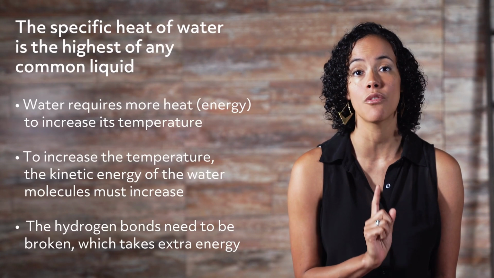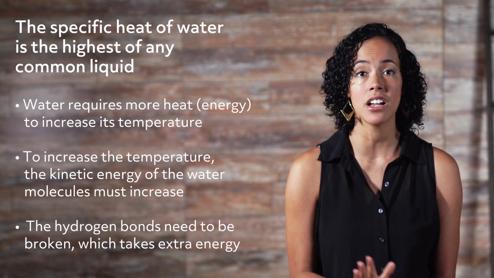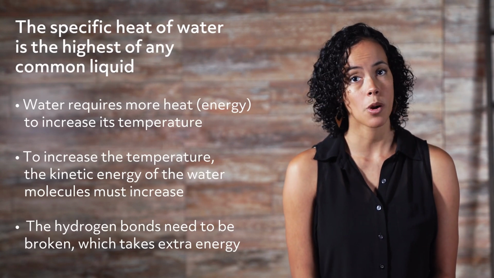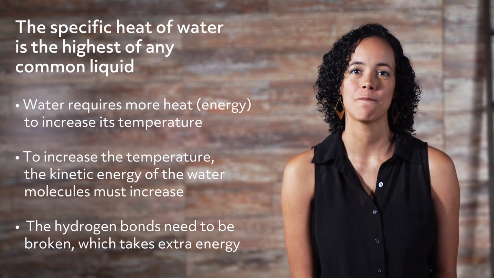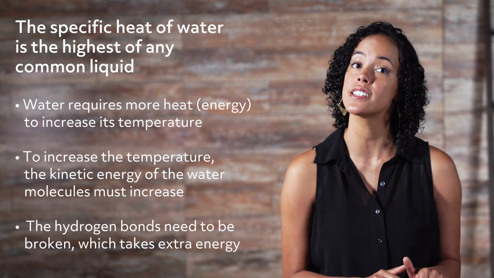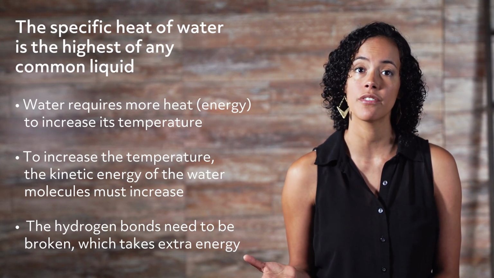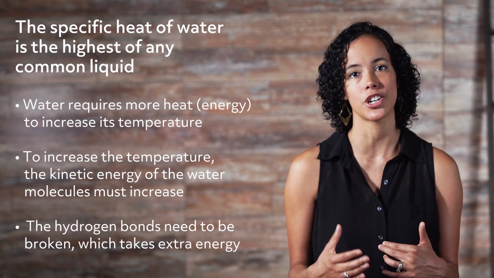For instance, why does it take so long to boil a pot of water? It's because the specific heat of water is the highest of any common liquid, meaning water requires more heat, or energy, to increase its temperature. That's because to increase the temperature, the kinetic energy of the water molecules must increase.